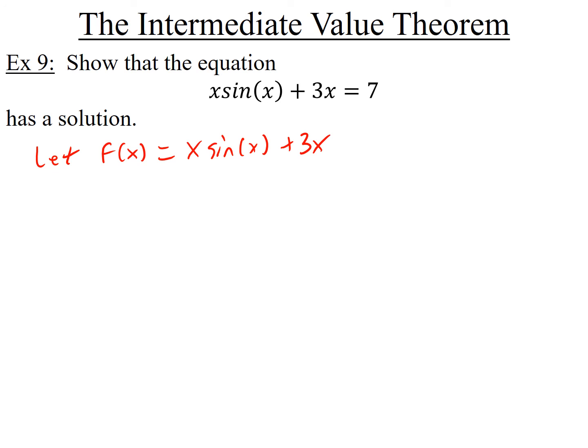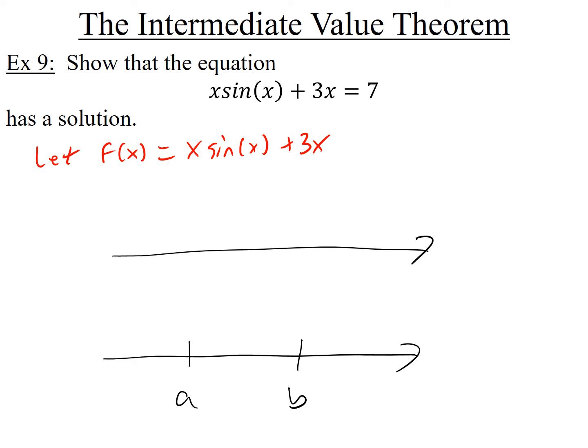Okay, so the next thing now is to come up with an interval. Because I want to get 7 out, think about it like this. I'm going to draw this x and y axis like I had before. You have to come up with the a and the b. This is like the inputs, this is like the output. But I want 7 out. 7 is going to be my n. So you've got to come up with a number that you can plug in to get something less than 7, and a number you can plug in to get something bigger than 7, so that 7 is in there.